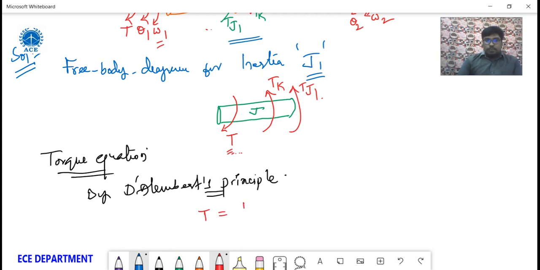Torque is equal to J1, in terms of velocity you need to write. I'm writing in terms of velocity, right. First of all we'll find the transfer function. For the transfer function we need to write the torque equations in terms of angular displacement. So I'm writing the torque equations in terms of angular displacement here.